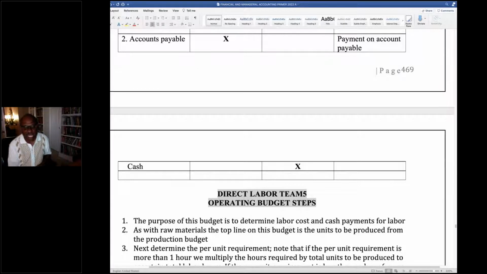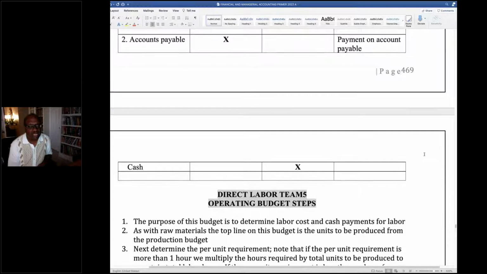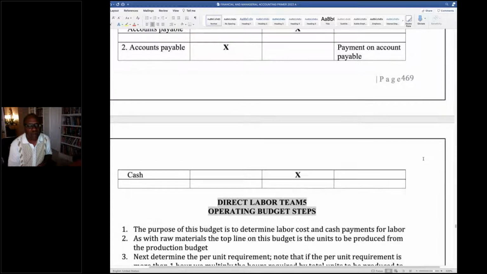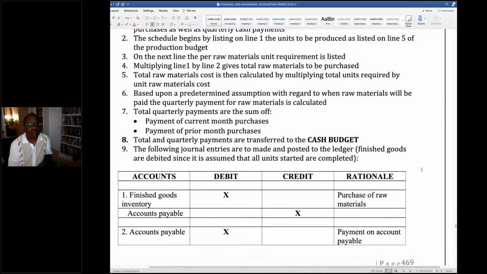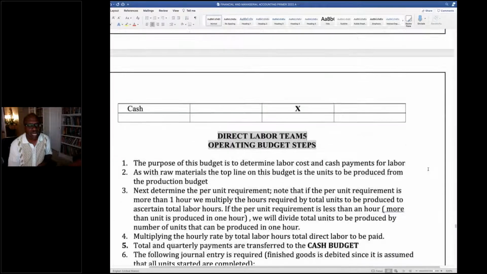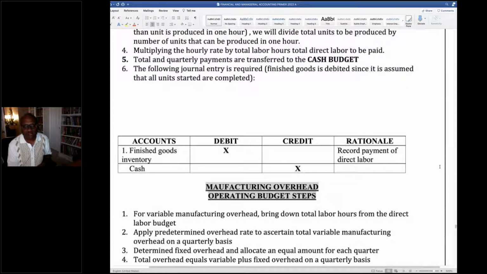So we've got our raw materials budget and our direct labor. Manufacturing overhead, I'll give that to team 6.